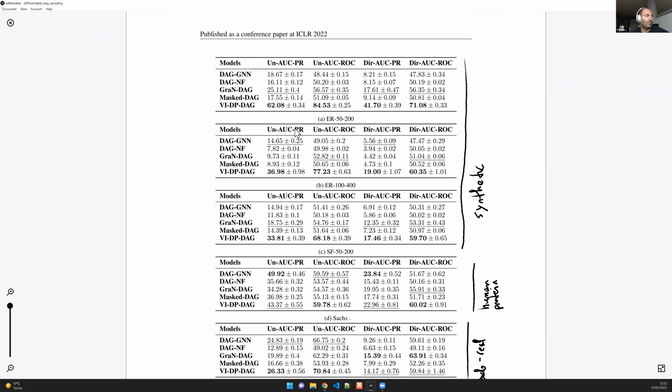Those are the various ROC measures: directed, undirected, and then the AUC ROC, and the PR is the precision-recall curve. Higher means better. Our algorithm is so much better, but as Arvid says, this synthetic data has been generated in a way that our assumptions hold.